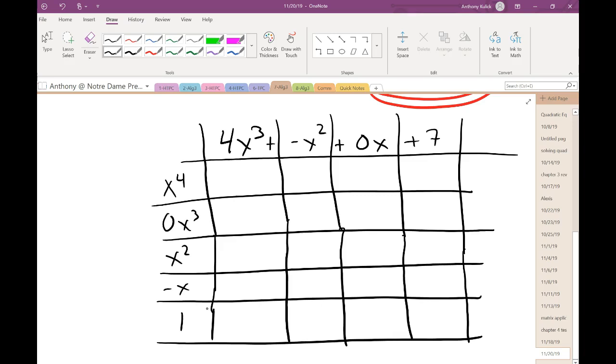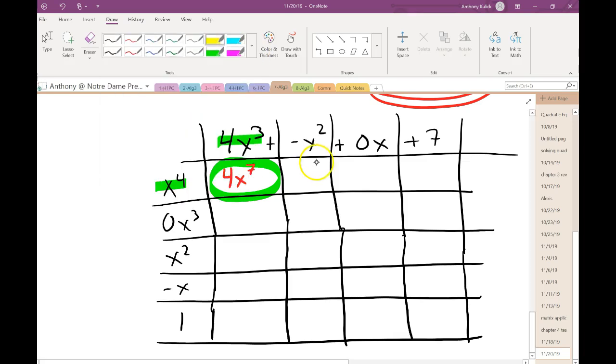And now I'm just going to do each of these little tiny multiplication problems. So for this square, I'm going to multiply its length times width. What do I get when I multiply x to the fourth by 4x to the third? 4x to the 7th. Good.